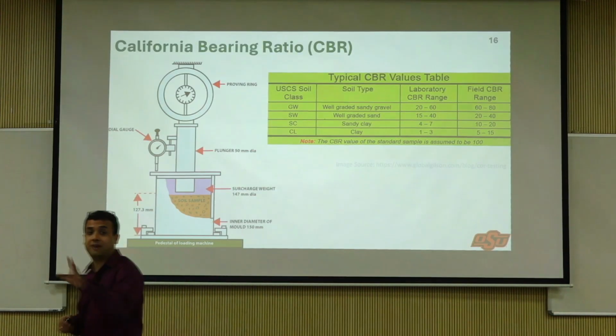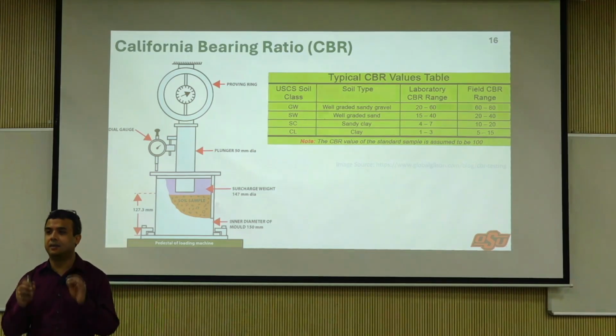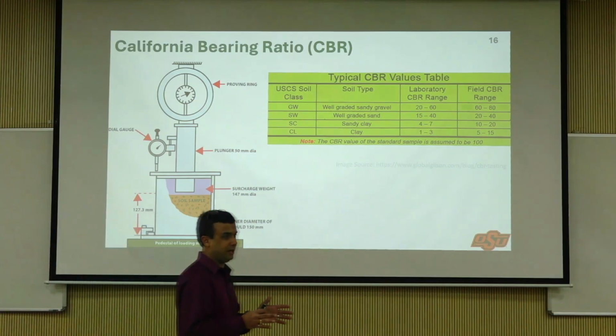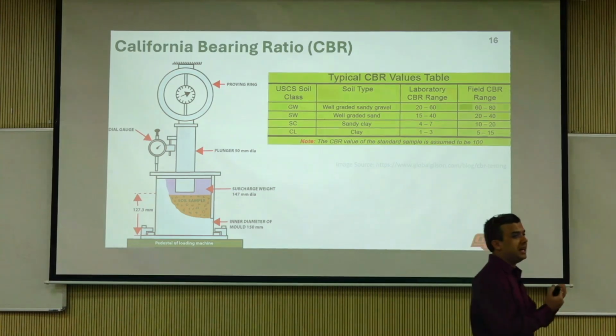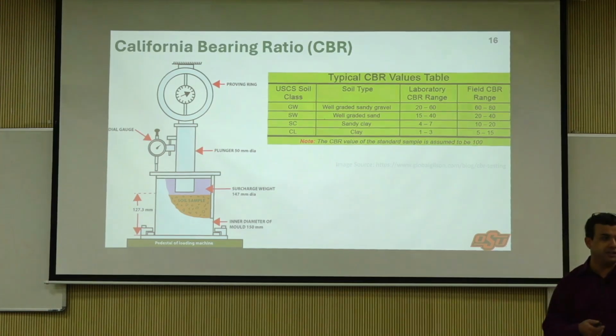For those of you who have not, CBR is basically the oldest living dinosaur in the world of pavement engineering. It's the California Bearing Ratio test. California is because it came out of California.